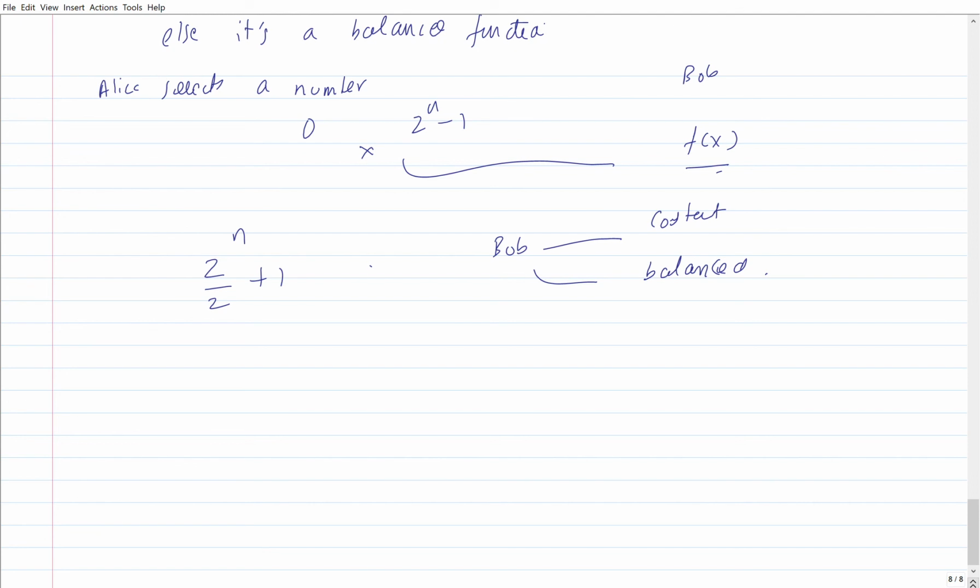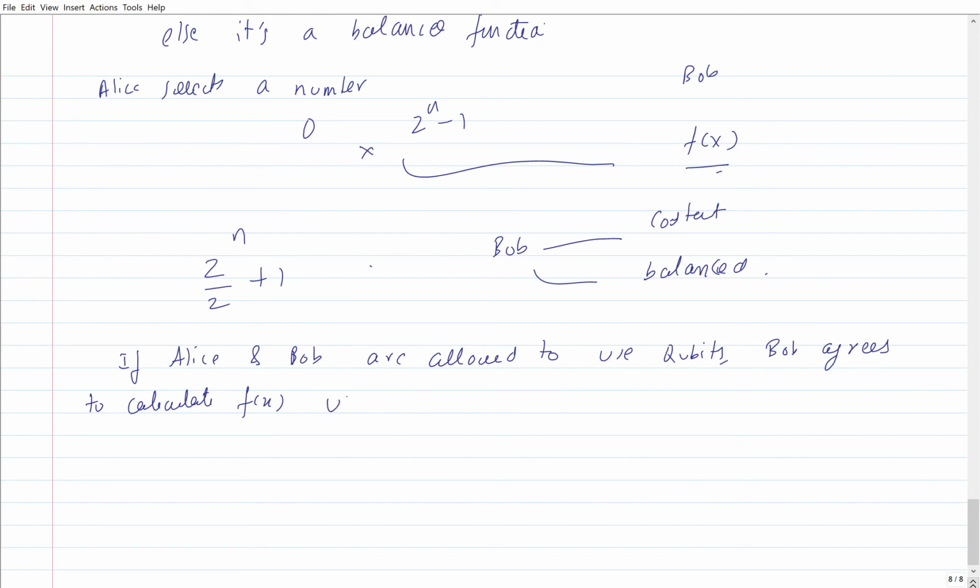So if Alice and Bob are allowed to use qubits, and Bob agrees to calculate f(x) using U of x, then just one correspondence is sufficient.